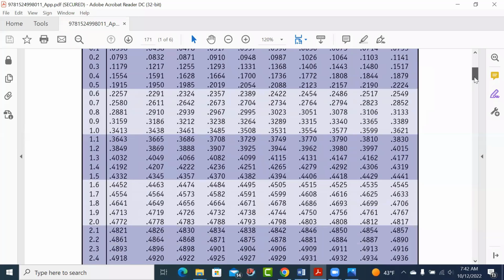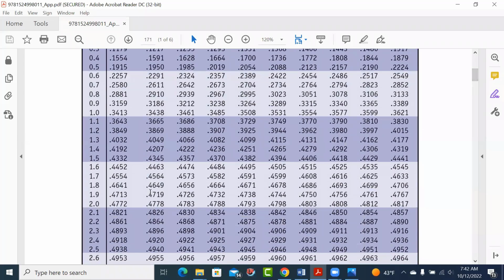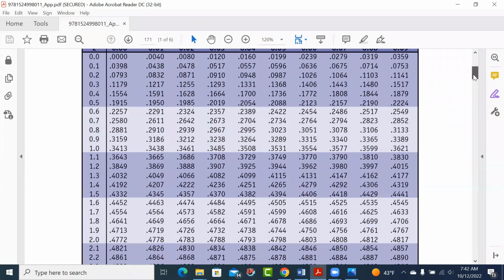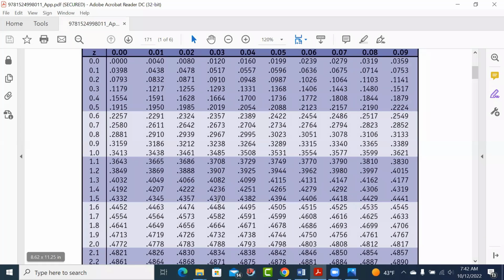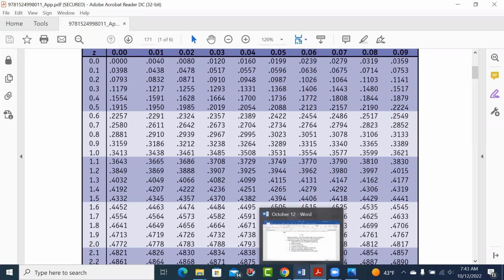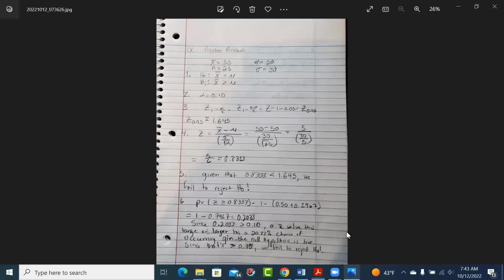We go to our table and look for 0.45, and as you recall, it's between 0.4495 and 0.4505. So there's no exact 0.45. It's between 1.64 and 1.65, so I just chose 1.645. I split the difference. So we go back to our picture, and I chose a Z of 1.645.